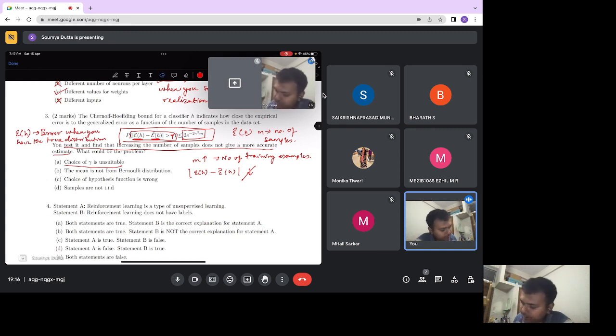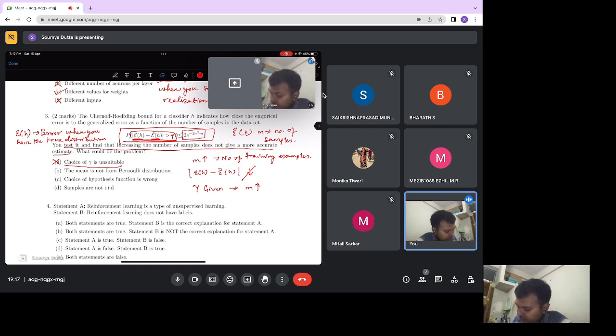The entire point is, given a gamma, whether you can increase m to bound this particular difference. So choice of gamma is unsuitable should not be a way in which you get a more accurate estimate, because if you change your gamma, the accuracy of your estimate itself is changing. The mean is not from Bernoulli distribution, again it is not a point here.